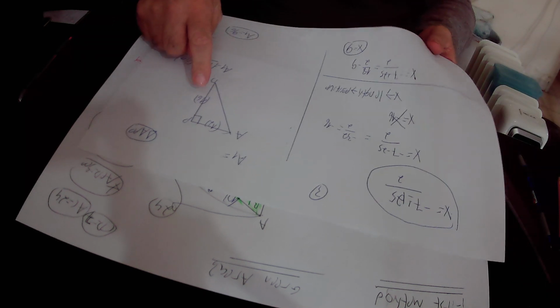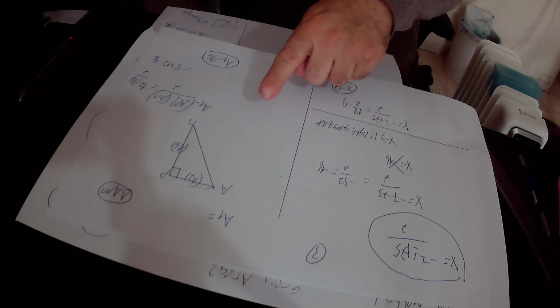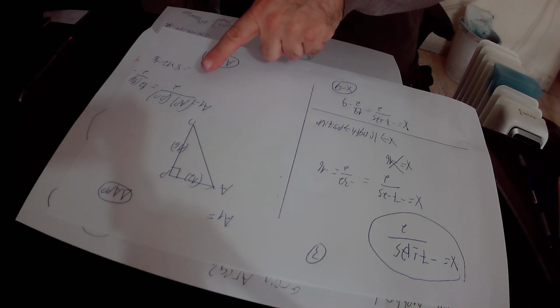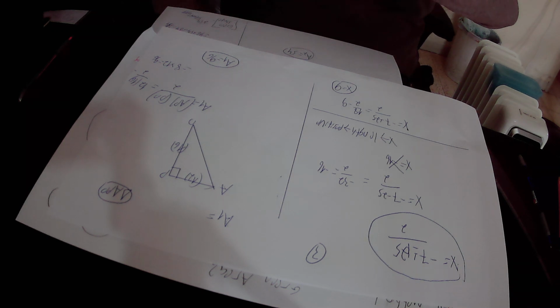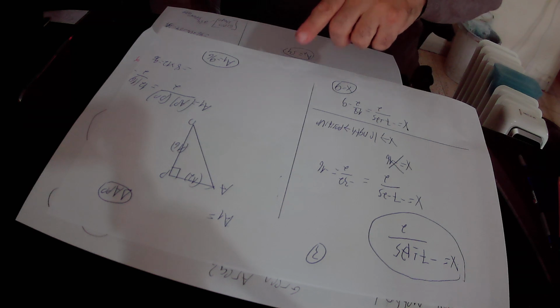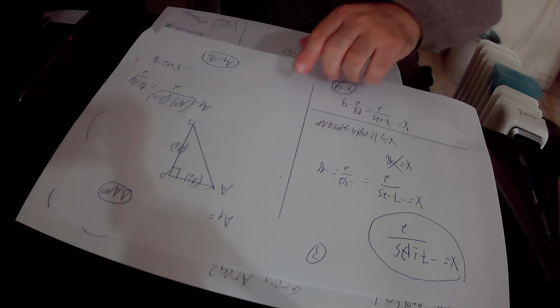In this right triangle APO, the area equals AP, the base, times PO, the height to the base, over 2. AP is 12, PO is 16, over 2. 16 over 2 is 8, and 8 times 12 is 96. So A1 equals 96 square units.